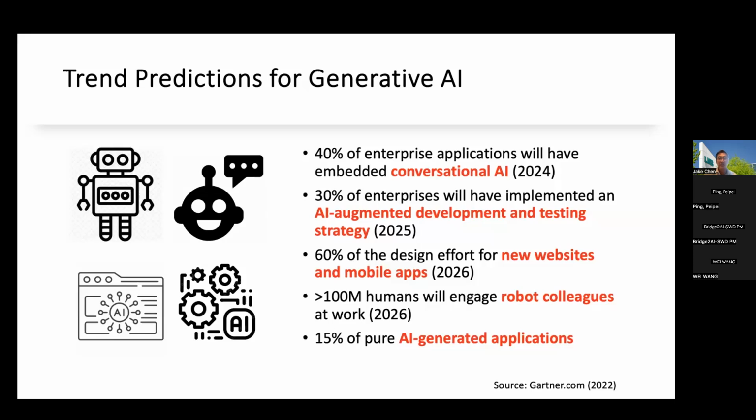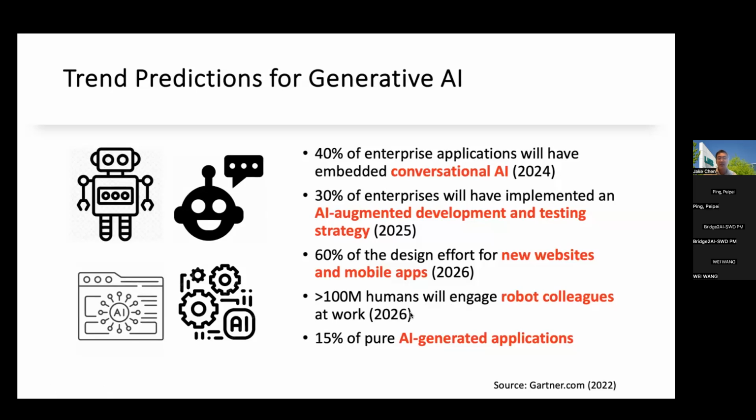You're increasingly seeing physicians adopt large language models and being able to dictate the notes and share and communicate with insurance companies or patients. And 30% of enterprises will have AI augmented development and testing strategy, by leveraging the reasoning capabilities. And 60% of the design of websites and mobile apps will be AI generated.